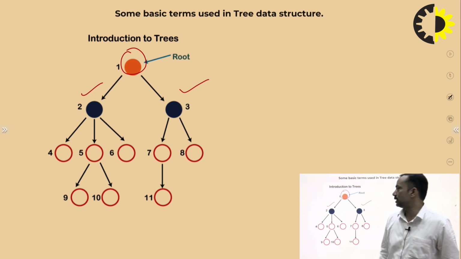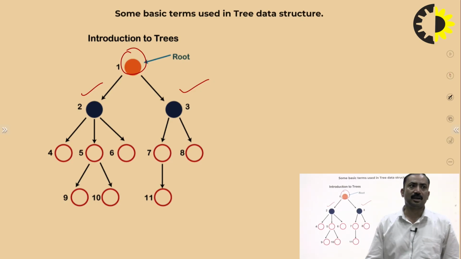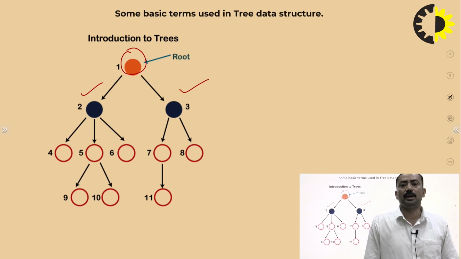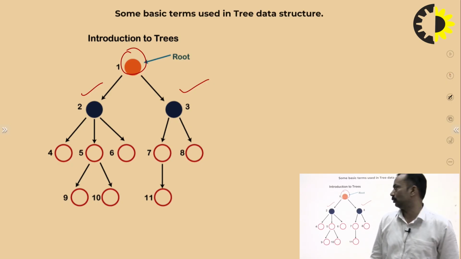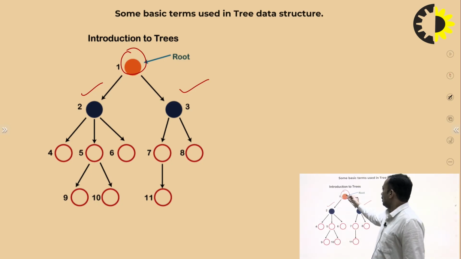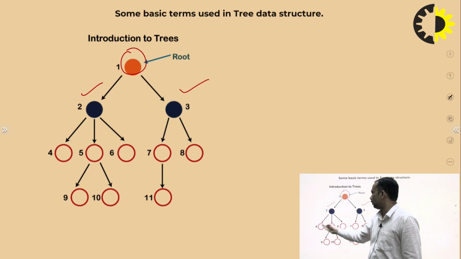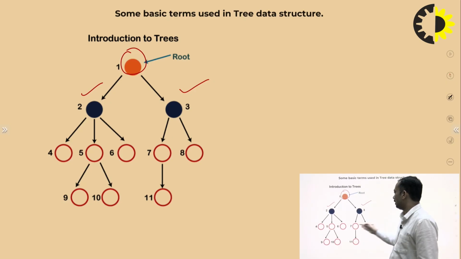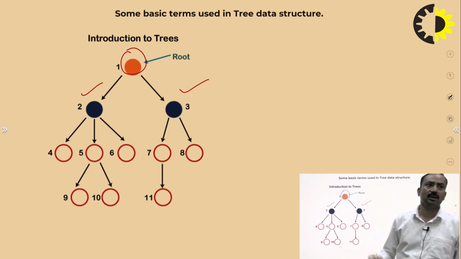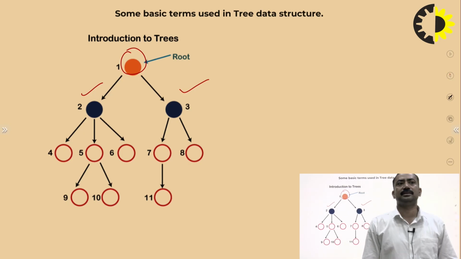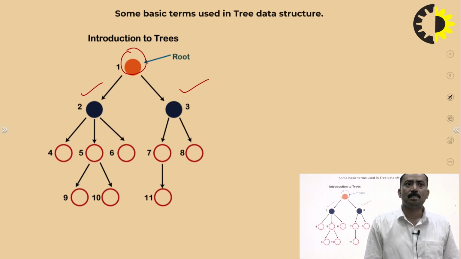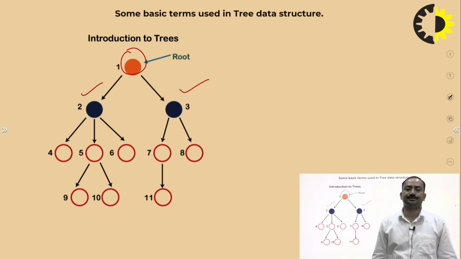Parent: if a node contains any subnode, then that node is said to be the parent of those subnodes. So 1 is the parent of 2 and 3, 2 is the parent of 4, 5 and 6, and 3 is the parent of 7 and 8.